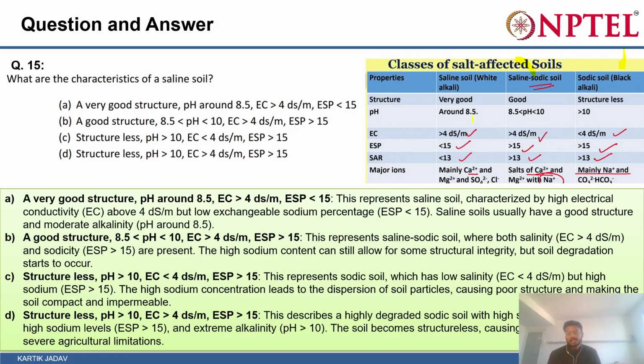That is also known as white alkali soil. But in the case of saline sodic and sodic soil, sodic soil contains sodium content, so the exchangeable sodium percentage is higher. And if it is saline, then EC is higher. EC generally represents overall salt, or you can say overall salinity.